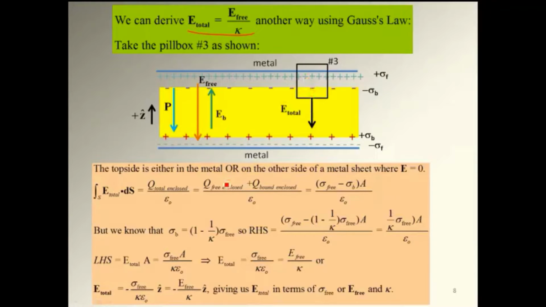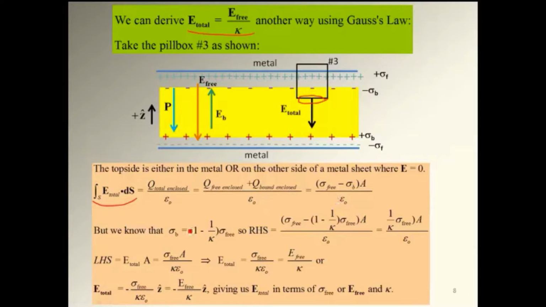So doing that, if you look at the expression for Gauss's law, we know the general equation is equal to Q total enclosed divided by epsilon 0. Now Q total is equal to the free charge enclosed plus the bound charge enclosed, divided by epsilon 0. So going back to charge densities, we have sigma free minus sigma b, times A, will give us the charge enclosed in the box. This is A, the pillbox area, and then divided by epsilon 0.